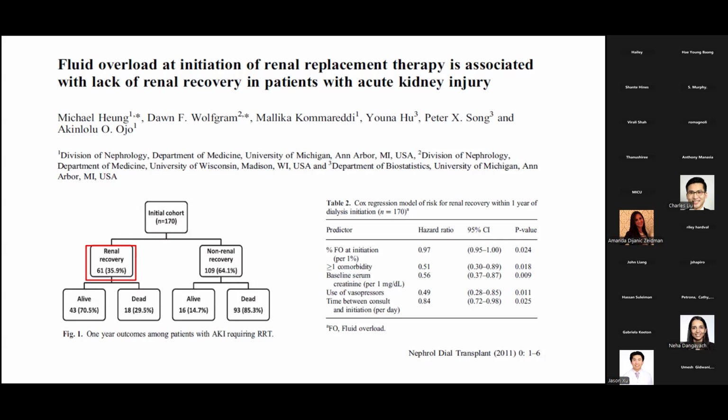But in the case that there is an indication of fluid management, then perhaps that can impact organ recovery later on. So this is how we were, let's say, 10 years ago, right? So we recognize fluid accumulation as a marker and potential modulator of adverse outcomes, not only in terms of mortality, but also organ recovery.